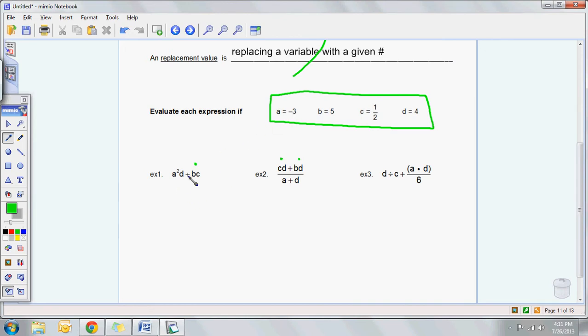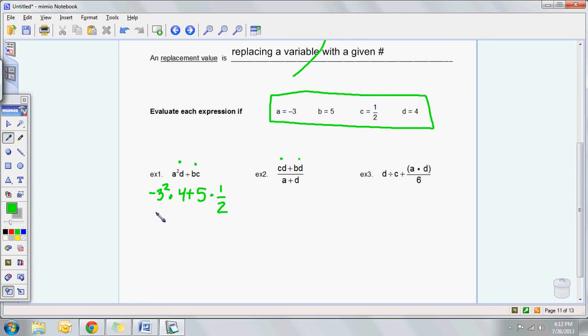So let's just start by replacing our variables with our numbers. So A is -3. So I'm going to have -3 squared. I'm going to write the times because I know that anything next to each other like this, they want me to multiply it. So I'm just going to add that in for myself. D is going to be 4 plus B is 5 times 1/2.